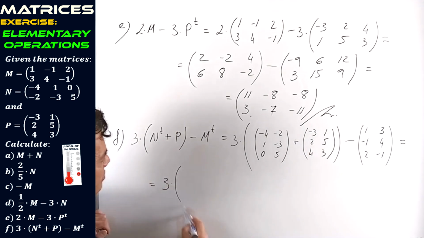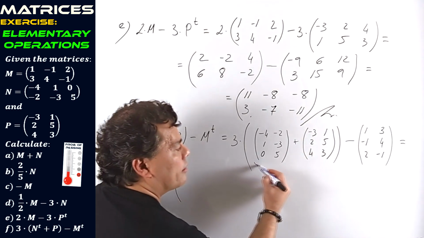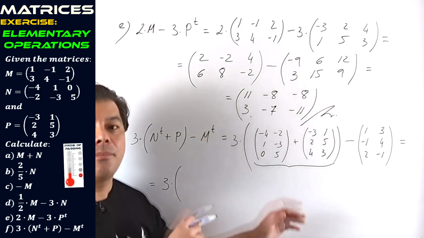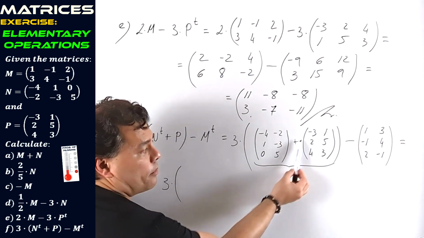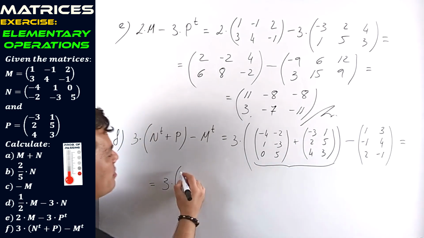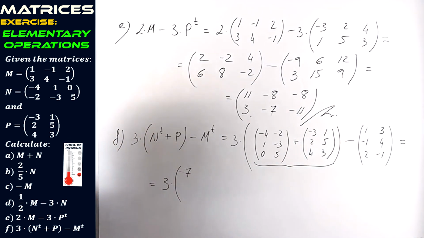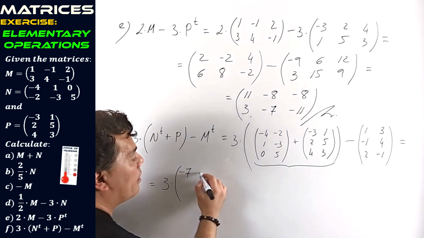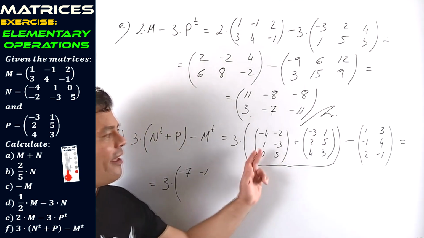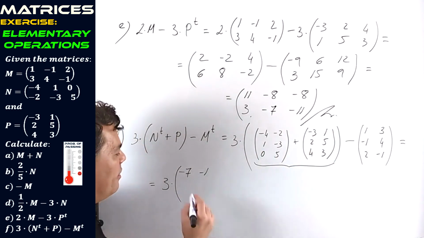3 times, and we are adding these two matrices, position by position. Negative 4 plus negative 3 is negative 7. Negative 2 plus 1 is negative 1. 1 plus 2 is 3.